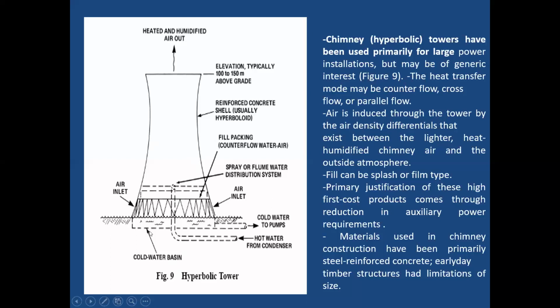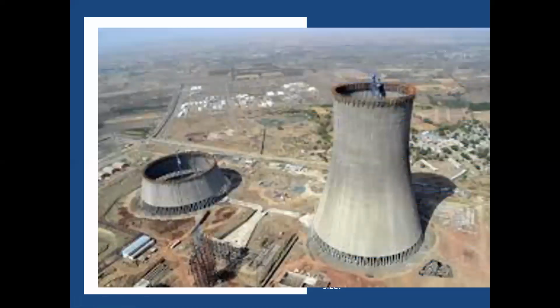But there are certain limitations of size, so later on the timber structure was replaced by steel reinforced concrete structures. This is a pictorial view of one of the huge cooling towers used in a large power plant. You can imagine the size of the cooling tower.